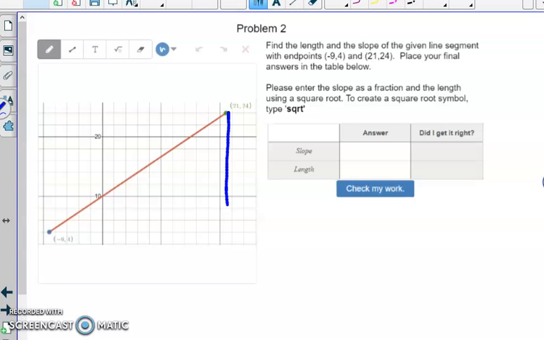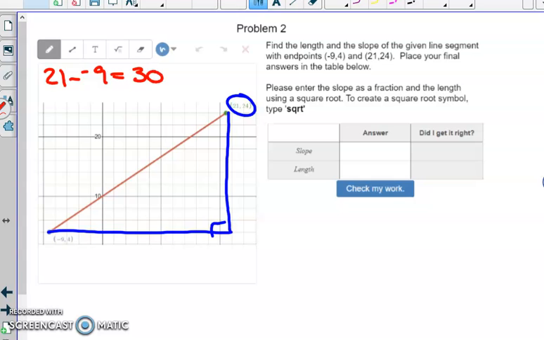All right, so the slope triangle I'll draw in will look like this. Again, I'm going to start with the 21 and the 24 as my first numbers in the subtraction problem. So starting with the run, it's 21 take away -9, which is 30. That's the run value.